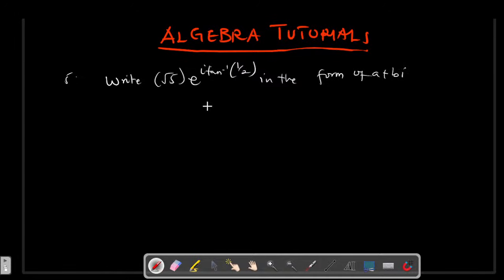So write this in the form a plus bi. So how do you write this in that form? You just simplify this. Don't be scared by this expression. No, don't be scared. First of all, you move straight to the tan.